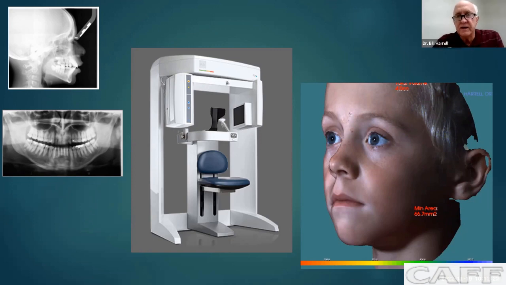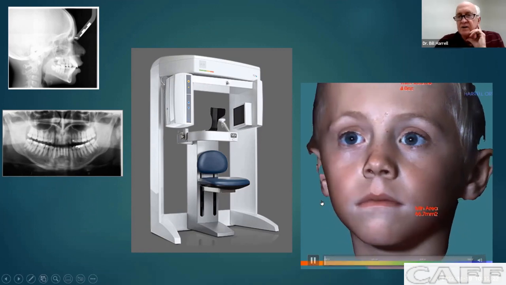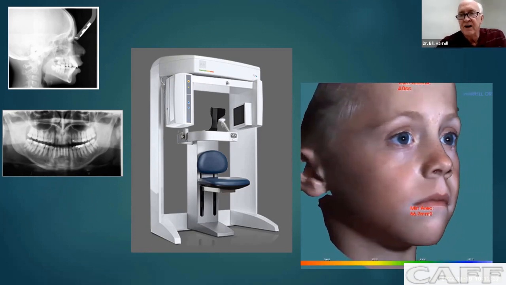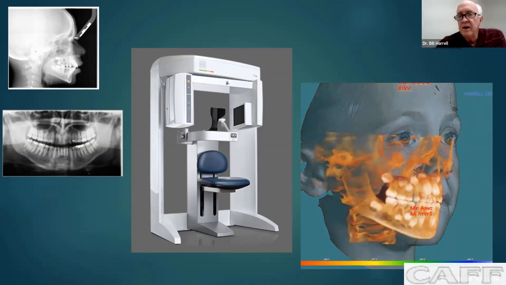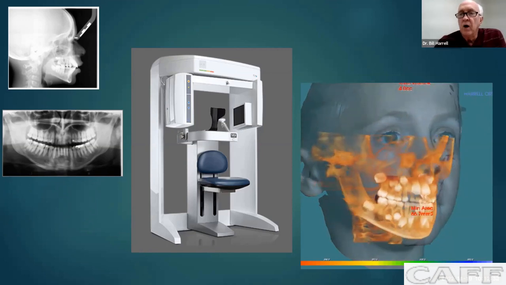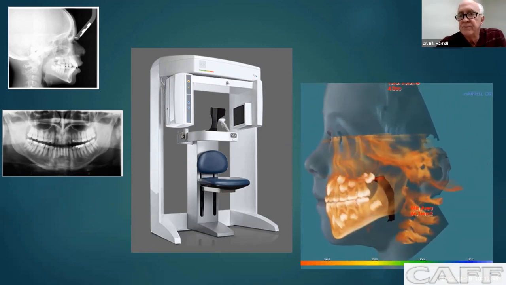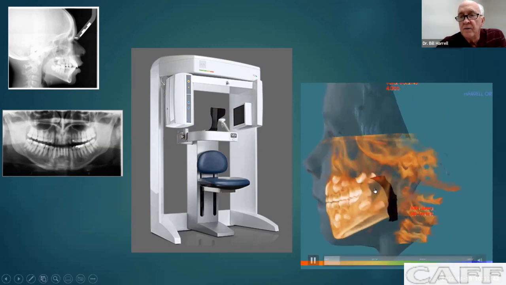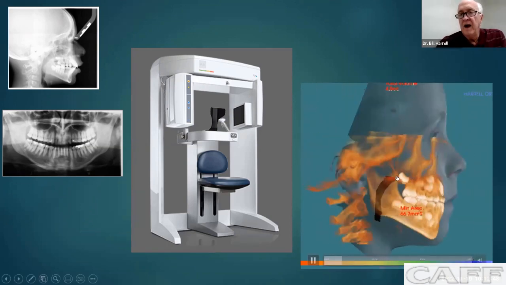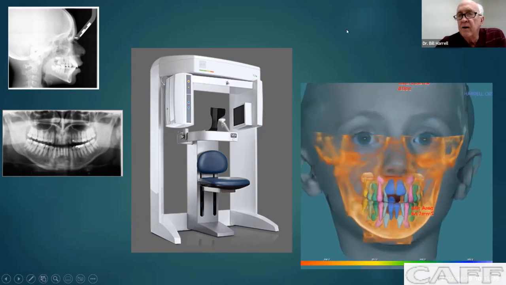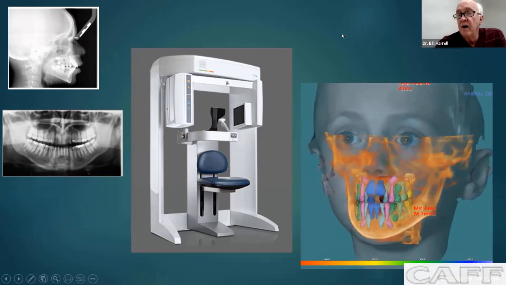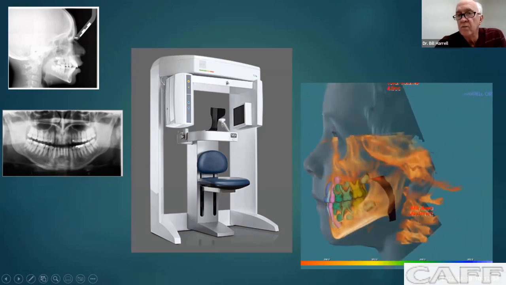So when ConeBeam CT came on the scene, all of a sudden we now have this. This is my grandson, actually, that we take the 3D face on, but we can actually map it to the ConeBeam CT. So not only does the professional get a better view of what the relationships are in 3 dimensions, the amount of airway, the airway size, the TMJs, the teeth, the development of the teeth, but it also gives the parents and patients a better idea and understanding at a whole different level when they see this.